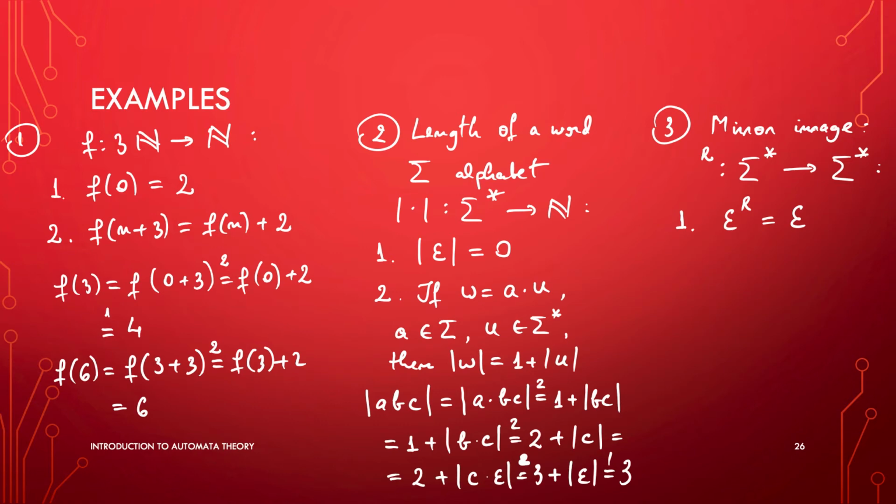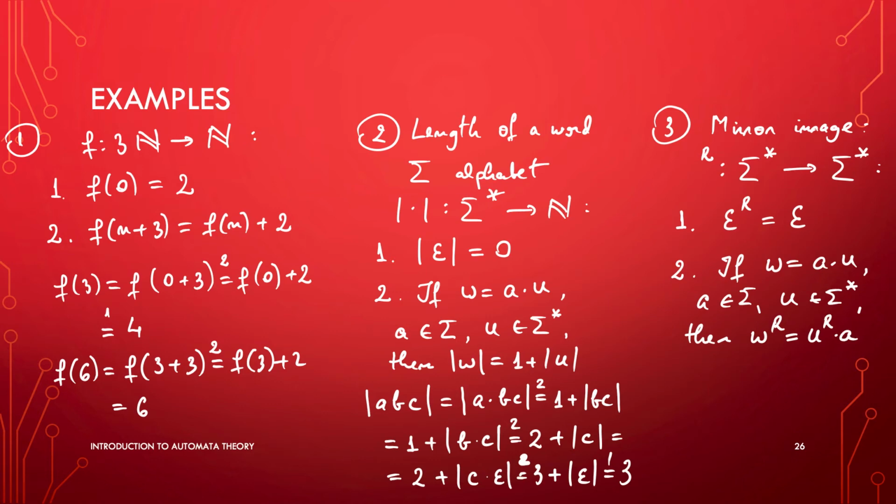And the second condition is going to be: if W is equal to A times U, with A in sigma and U in sigma star, then the mirror image of W is going to be defined as the mirror image of U times A. So this is again intuitively what you would like to have.